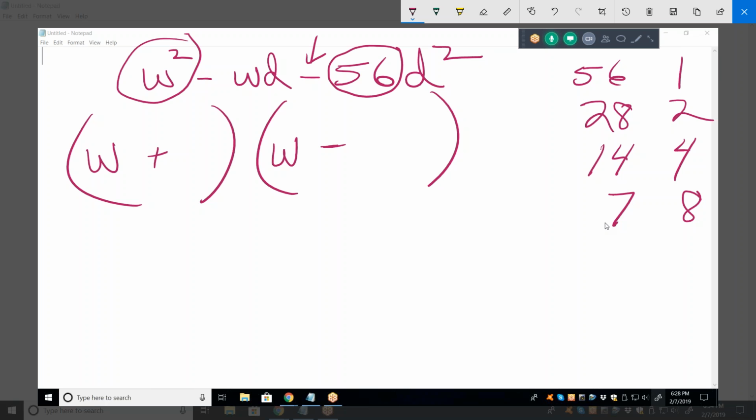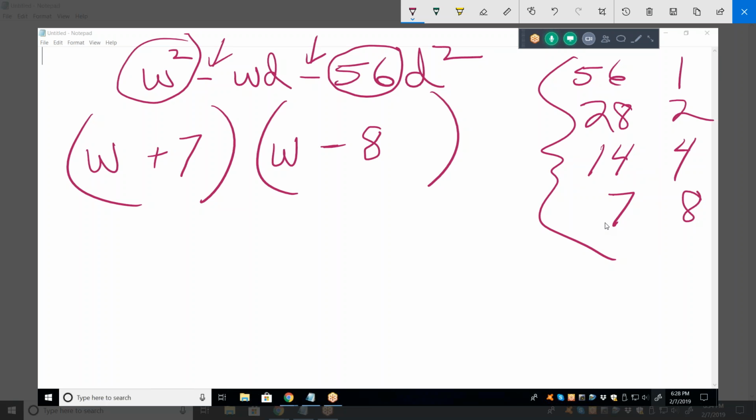Which factors do that? Well, just look at all the factors that I've come up with. 7 and 8. Okay? Now, the 8 goes with which sign? No, it always goes with the sign of the middle term. Middle term is minus 1. So that 8 needs to go on that side, leaving the 7 over here.